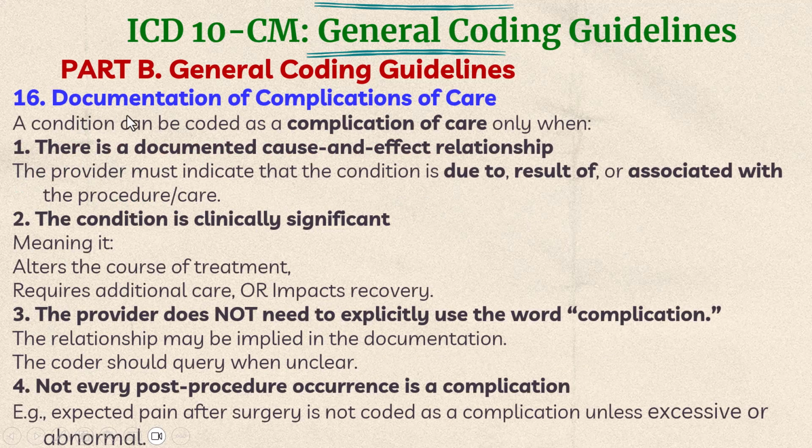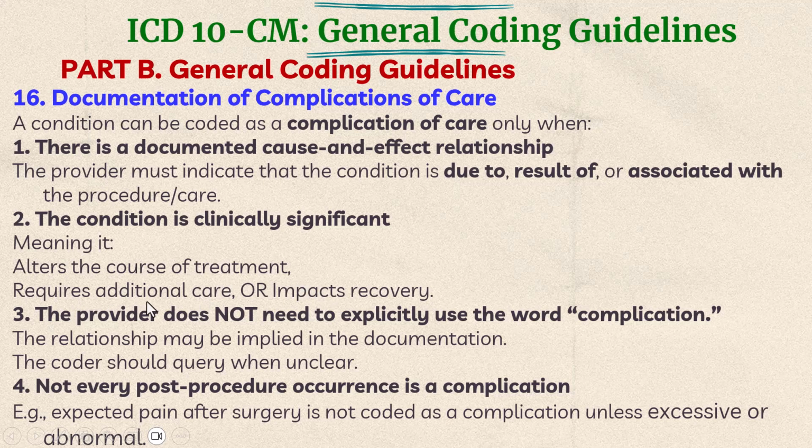Number 16, documentation of complications of care. A condition can be coded as a complication of care only when there is a documented cause and effect relationship. Number one, the provider must indicate that the condition is due to, a result of, or associated with the procedure or care. Number two, the condition is clinically significant, meaning it alters the course of treatment, requires additional care, or impacts recovery.